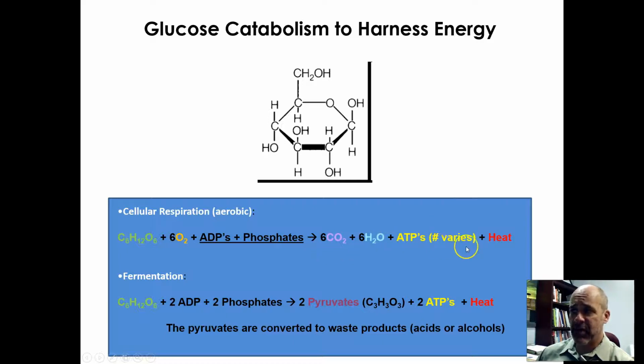But when you finish this process, glucose, right in here, is broken apart. It is catabolized. It gets oxidized as it's being broken down. And the carbons, you've got 6 carbons in every glucose molecule that goes through this process, right? Where do those carbons go? They can't just vanish. They've got to go somewhere. And as glucose gets broken down, those carbons all end up in CO2 molecules.